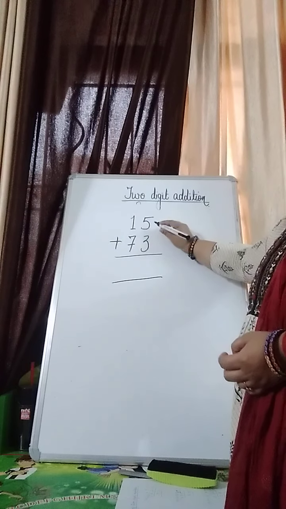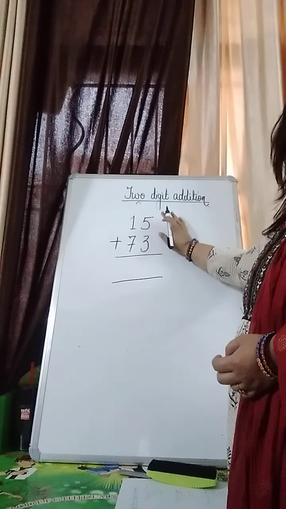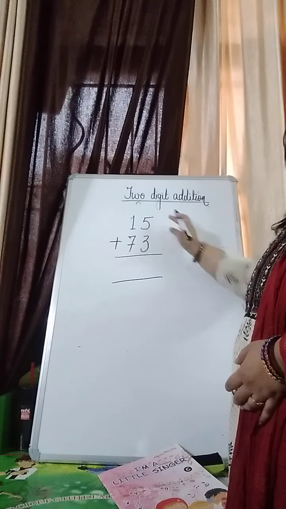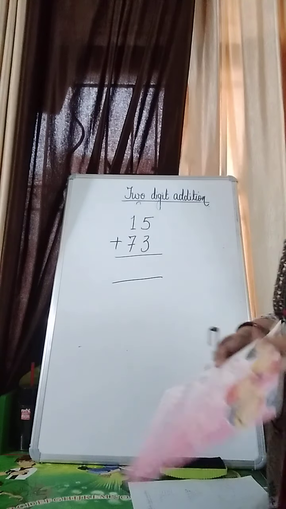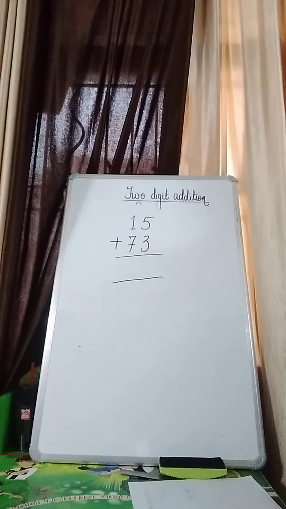Which is the biggest number? 5 is the big number. Just leave the big number and take the small number 3.